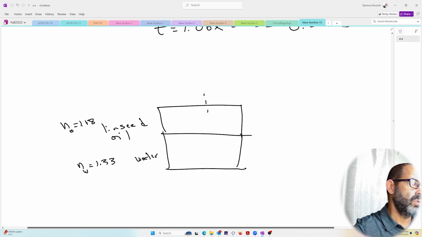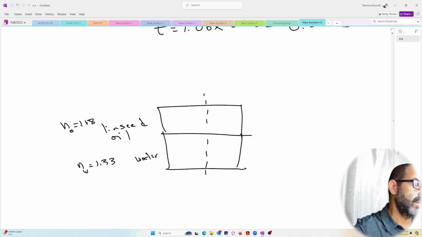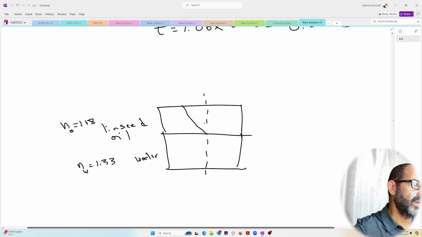They drew the normal to the separation between the water and the linseed, and they called it NN prime. This angle here is given to be 20 degrees. Obviously this angle also is 20 degrees from the geometry, and the angle with which it came must be more than 20 degrees, because n is equal to 1 here.